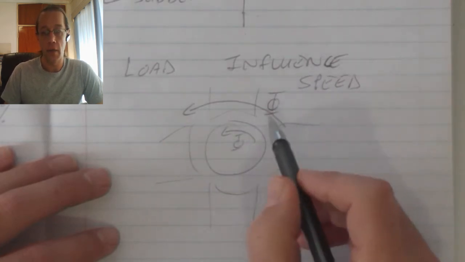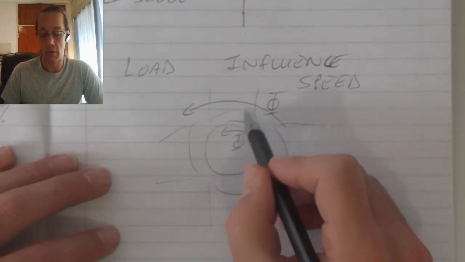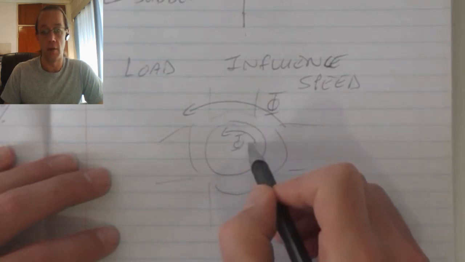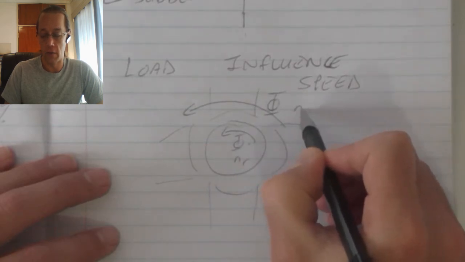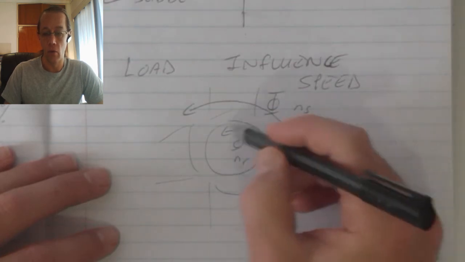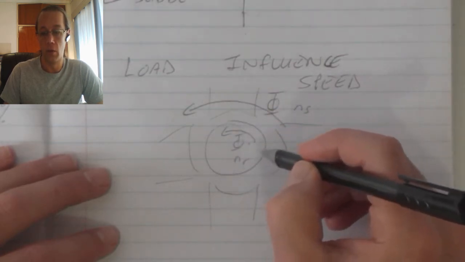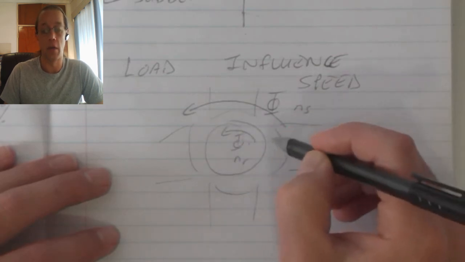But now what happens is, as the slip increases, the difference in the speeds between the synchronous and the rotor speed, Nr versus Ns, as that slip increases, the torque of the motor will increase proportional to that load which is causing the slip.